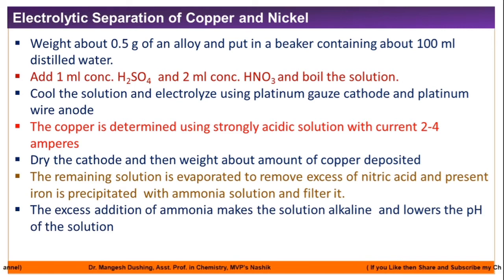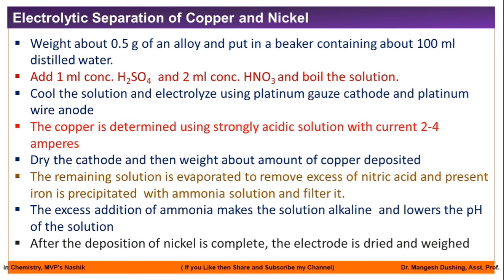The excess addition of ammonia makes the solution alkaline and increases the pH of the solution, so that after deposition of the nickel is complete, the electrode is dried and weighed. So first copper will be deposited on the cathode and then nickel will be deposited on the cathode. Nickel can be deposited on top of the copper also. Thus, the separation and determination of both copper and nickel is achieved by this electrolytic method.